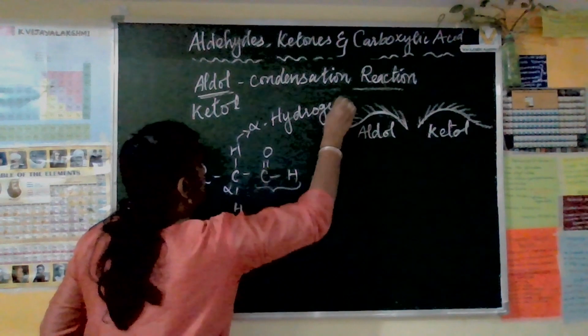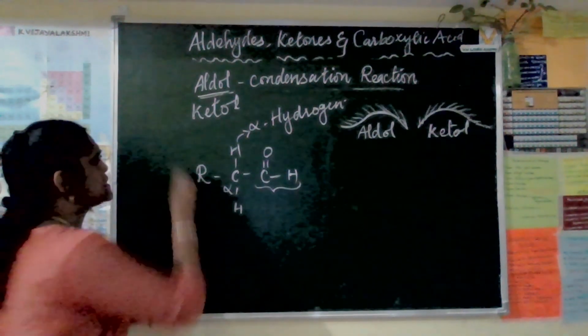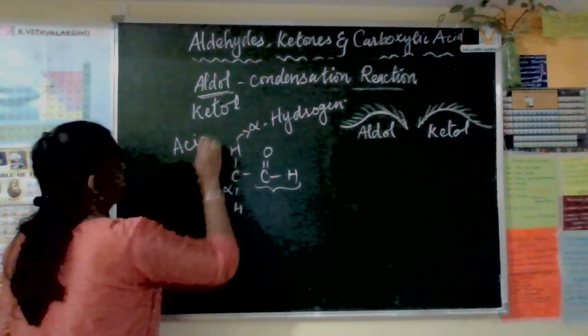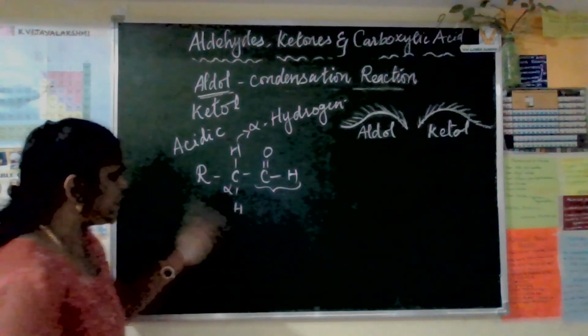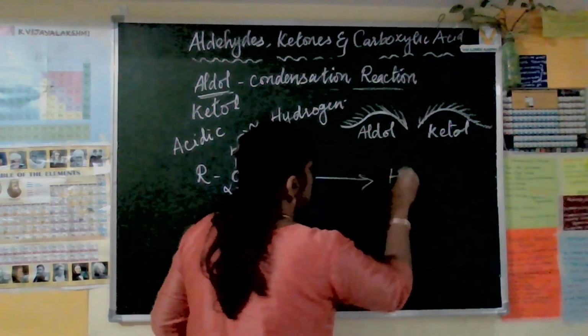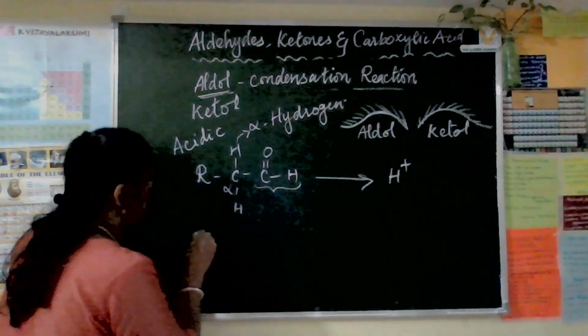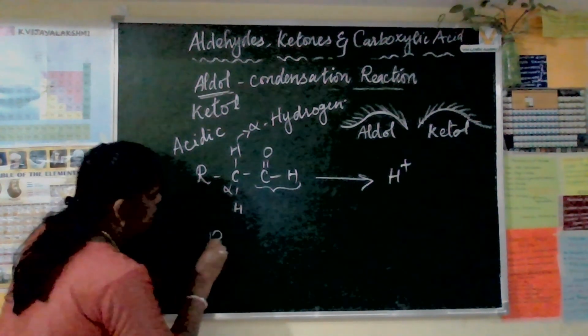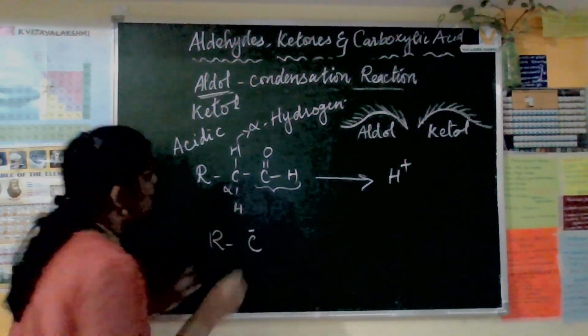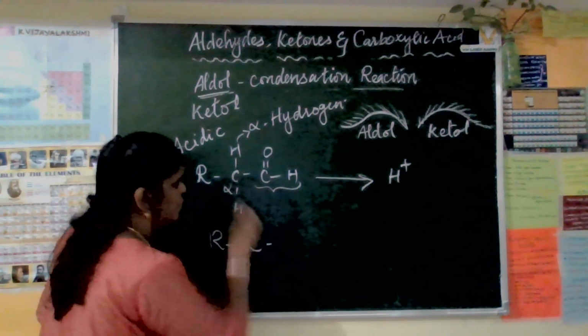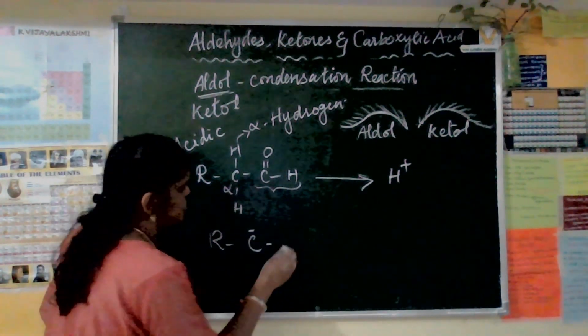This alpha hydrogen is acidic in nature, so it releases the proton, the H plus ion.